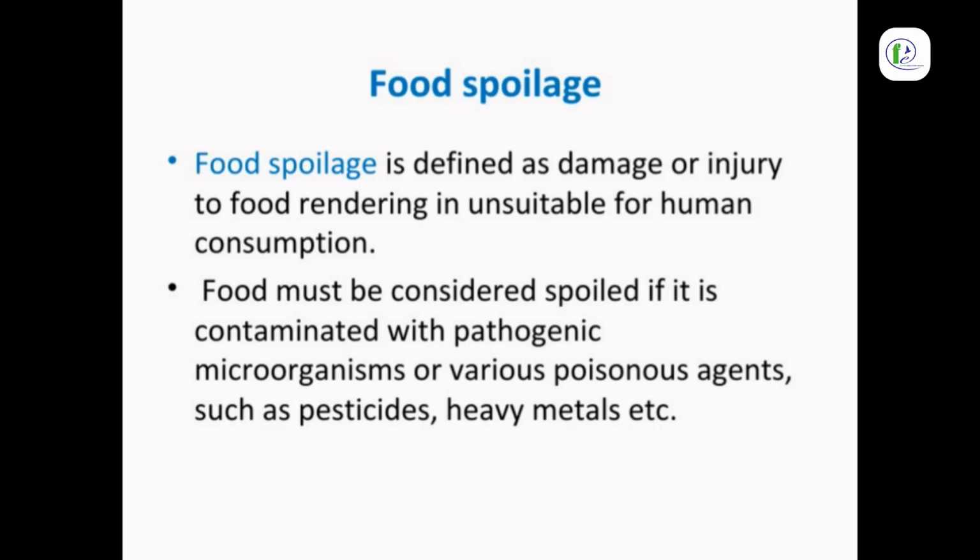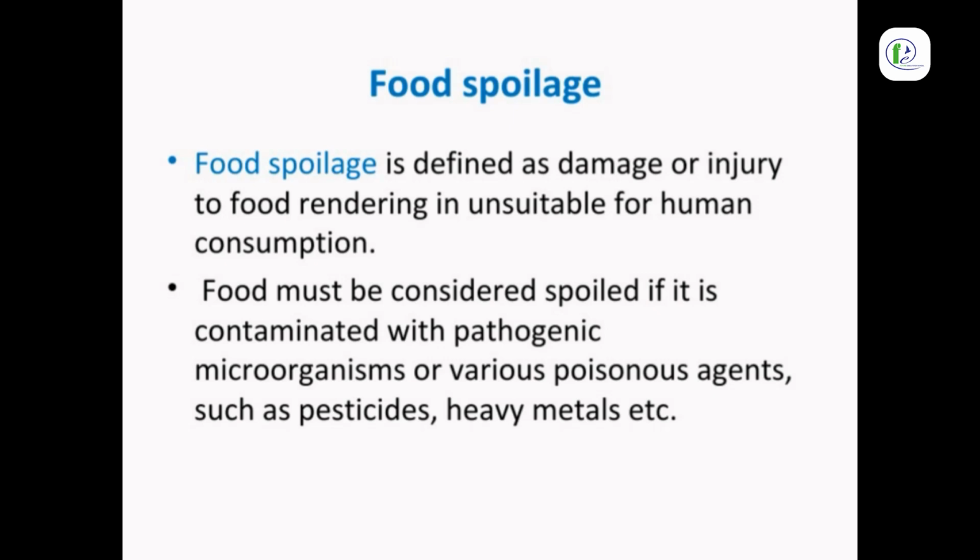Next, food spoilage, which is mentioned in your reader, page 26. What is food spoilage? Food spoilage is defined as damage to food rendering it unsuitable for human consumption. Bacteria and fungi cause food to spoil.